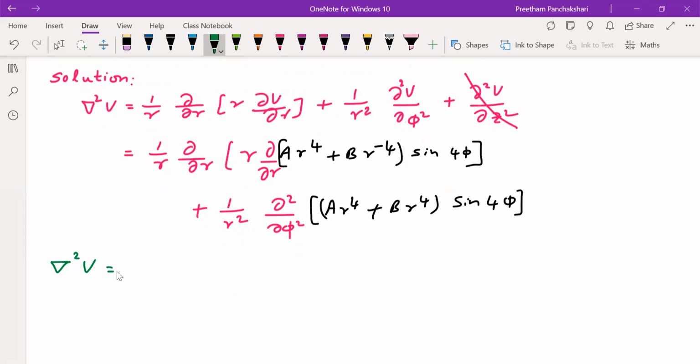Now the differentiation 1 by R, dou by dou R into R. So we have to differentiate the function V with respect to r. So therefore, first term, differentiation of r power 4 is 4r cube.